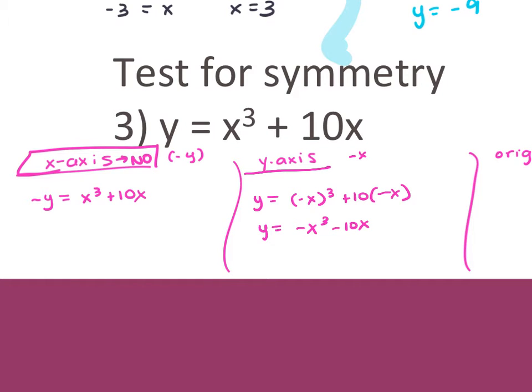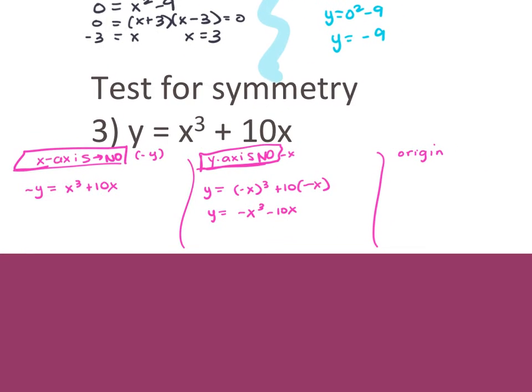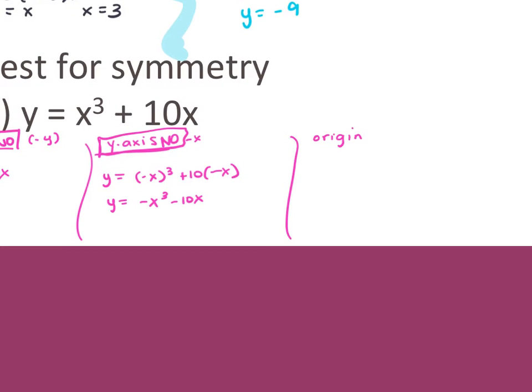Now the x and the 10 change signs, but the y did not, so this is also still a no. And then the origin, y gets changed and x gets changed. I get negative y equals negative x to the third minus 10x. It doesn't go back to the original, but every single sign is opposite of what it was at the beginning. So this means the origin is yes.